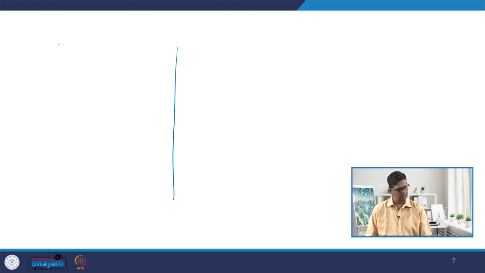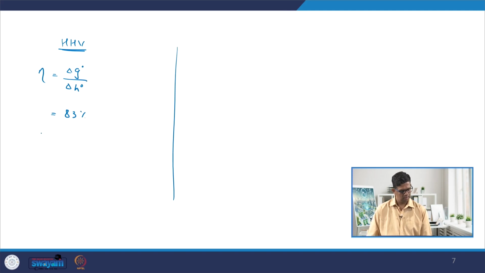The first, wherein the conventional higher heating value is used. In that case, the efficiency will be delta G naught by delta H naught. We know this answer, it is 83%, and here the temperature is less than 100 degrees Celsius.